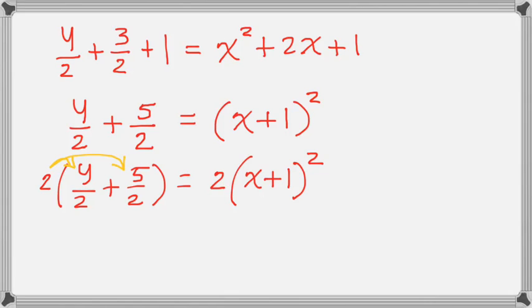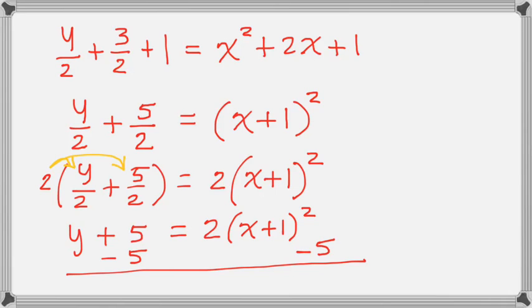On the right side, we cannot distribute in because of our exponent, so be careful about that. But we can distribute on the left. So what happens when we do that? We just get y plus 5, and we still have the 2 in front on the right, and that's fine. But now we want to solve for y, so we subtract 5 from both sides, and our final equation is this. So let's recap and see what we have.